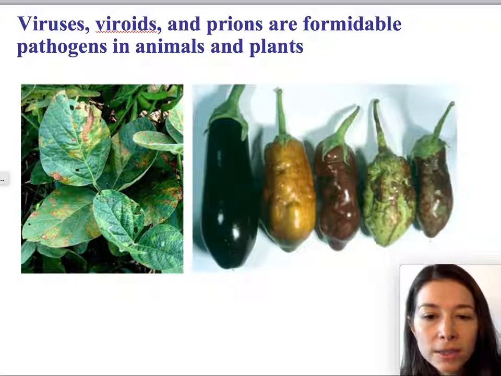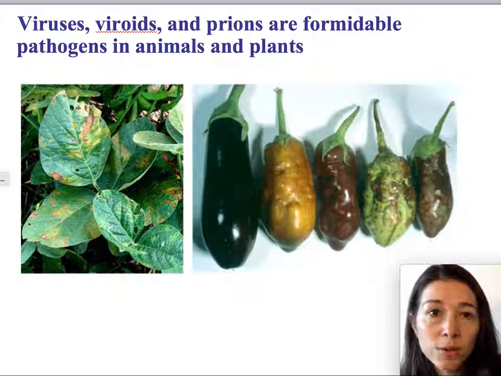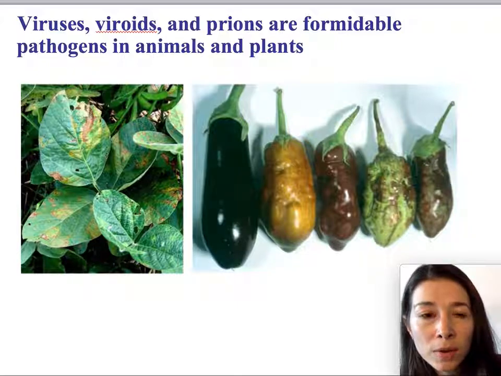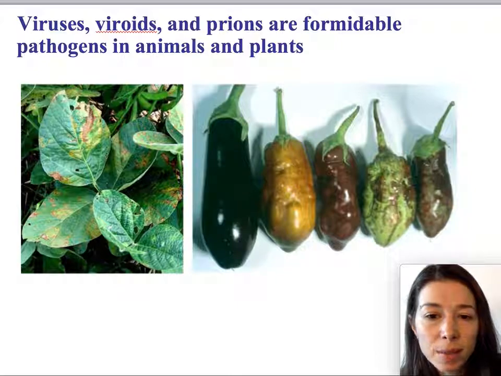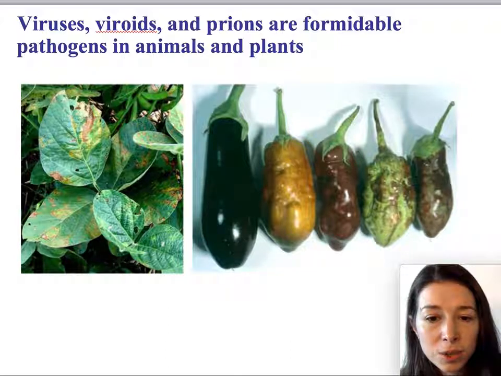So of course, viruses have a significant effect on the health of our agriculture and our animals, as well as an effect on our own health. So we are very interested in learning more about viruses and their life cycle and what makes them resistant to various treatments. Viruses are not subject to antibiotics.